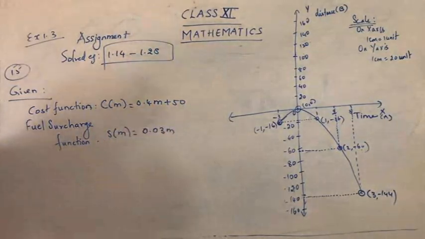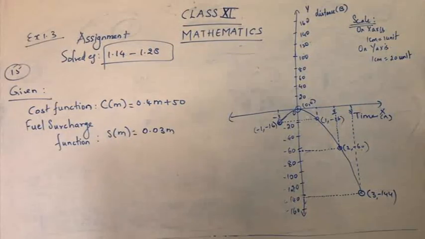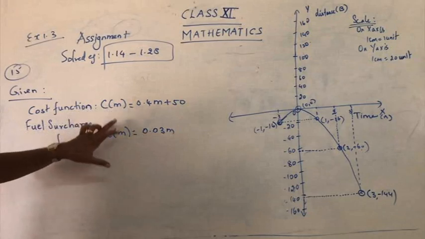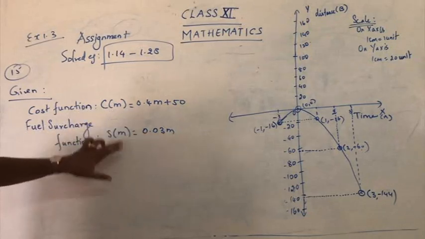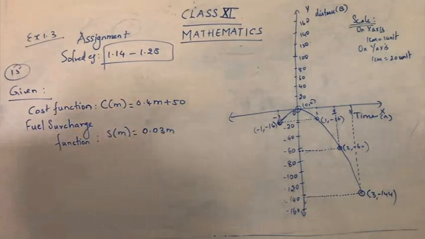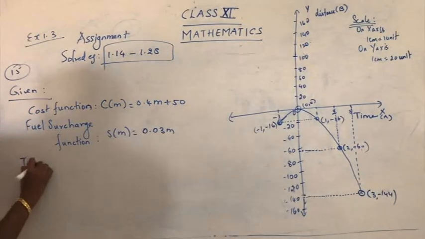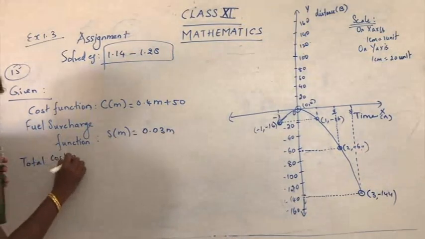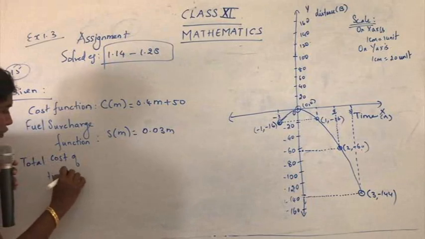Done. Now what's the next thing? The question is, determine a function for the total cost in terms of the mileage. So I want the answer in terms of mileage. M stands for mileage. So let's write down the total cost of ticket. Total cost of ticket is equal to, total cost means what?